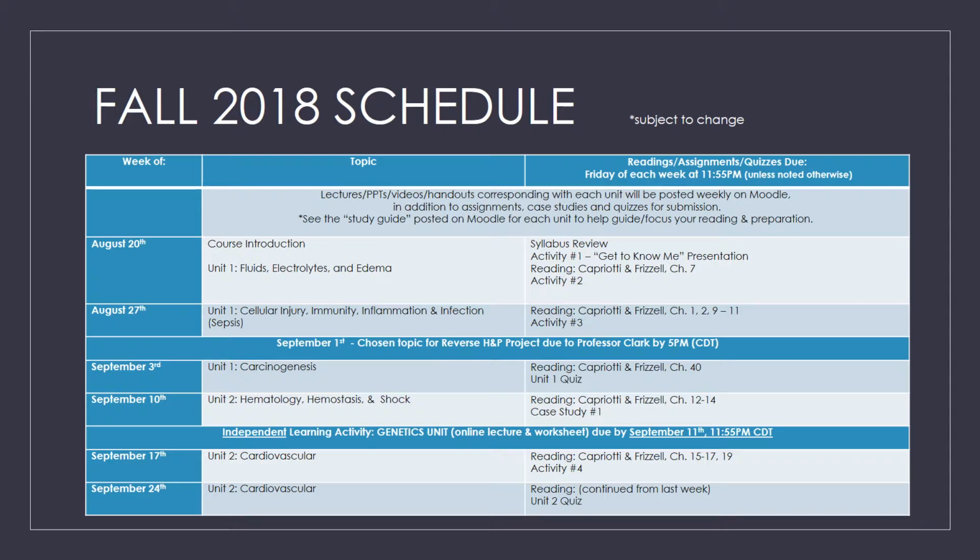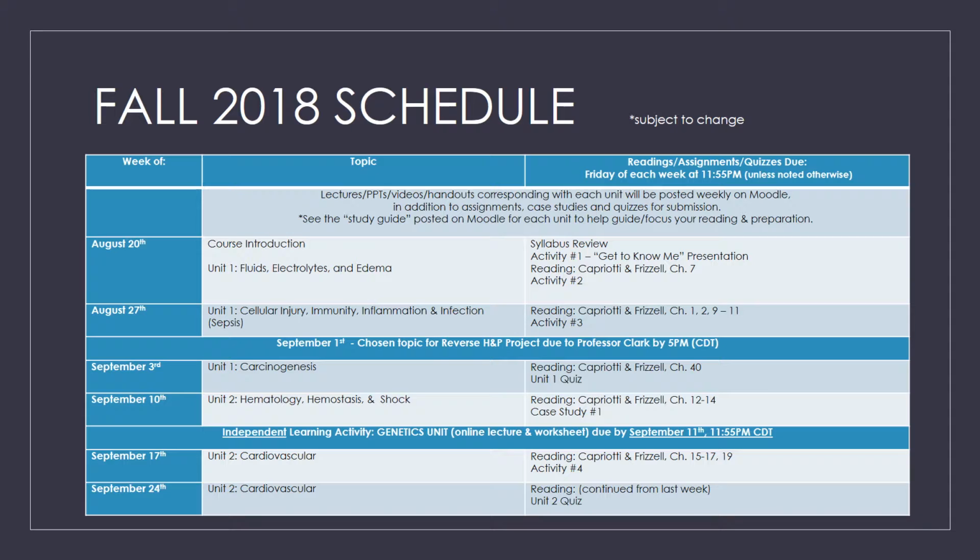All right, so moving on into the schedule for fall semester. I'm sure this is what you're really interested in, is how much work are you going to have to do. So the way that I have this set up is on a week-by-week basis. On the left-hand side of the schedule, you'll see the week of. That week starts on Monday, and those are the dates that you will see in that left-hand column.